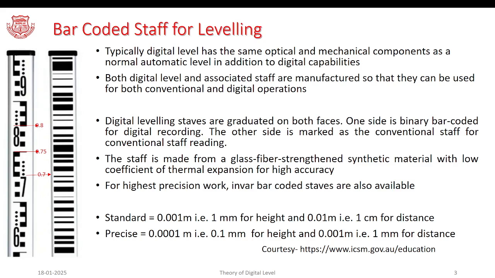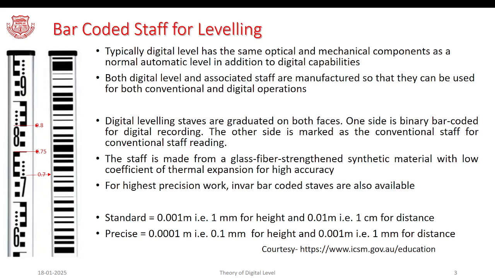We can go for the precision mode within the equipment as it has that kind of provision. So here the vertical height can be measured to the tune of 0.1 millimeter, and even the distance can be measured to the tune of 1 millimeter.